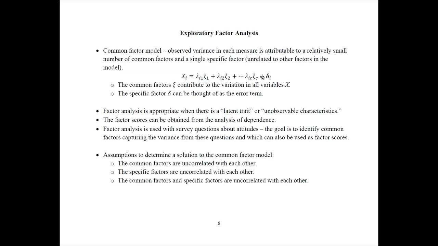And this specific factor, delta, could be thought of as the error term. These are the common factors, and they're common because they might also appear for the other variables, and this is the error term that is specific to this variable.